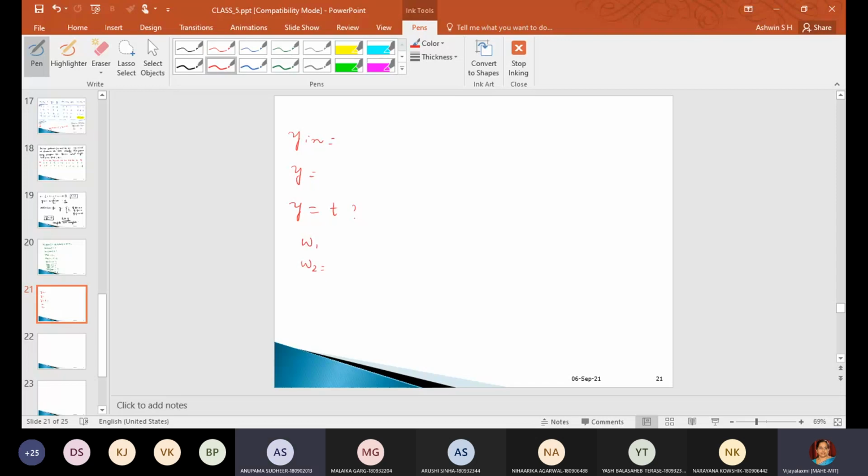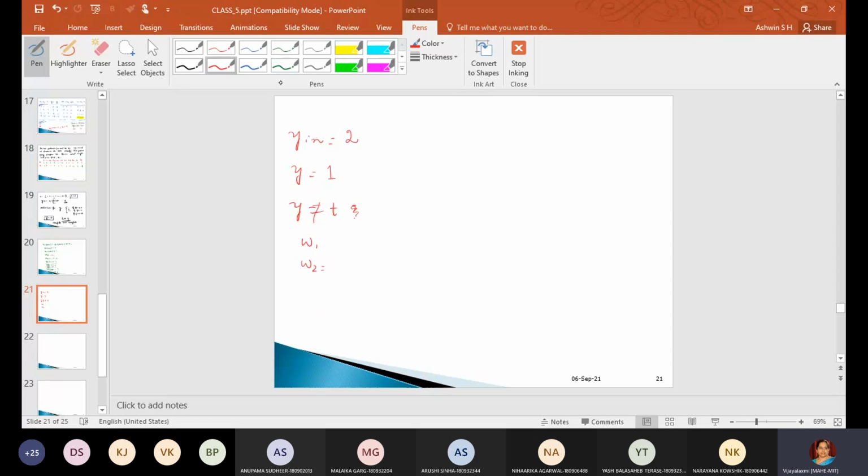Anybody? Ma'am, y_in is equal to 2. Okay. y is? y is 1. Is it the same? No, it is not the same, right? So now you need to calculate the weights, all W1, W2.